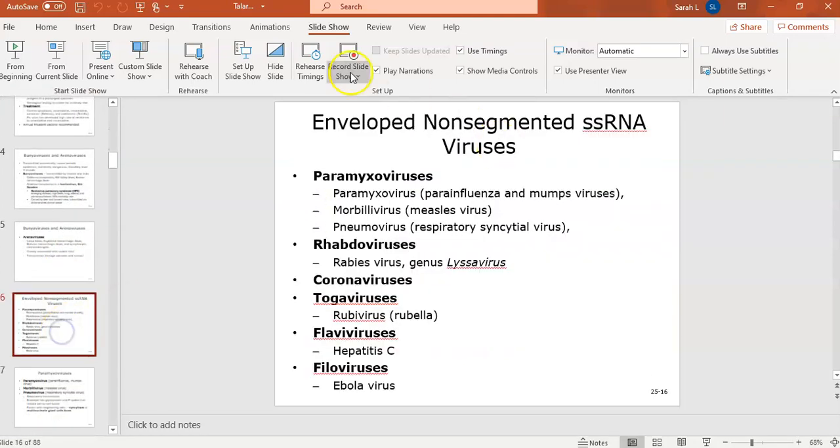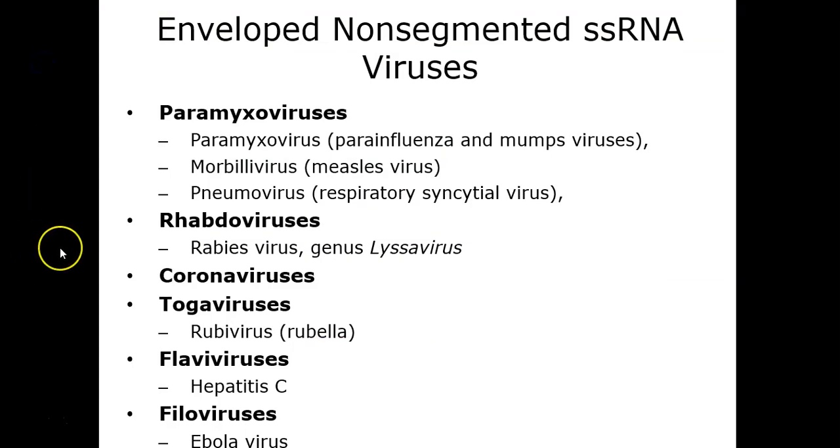So with that being said, we're going to start with the paramyxoviruses, and the paramyxoviruses include the parainfluenza and mumps viral families, the measles virus, and RSV, or respiratory syncytial virus, which is caused by a pneumovirus.